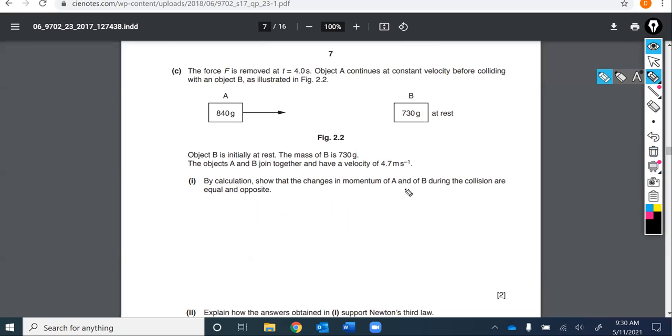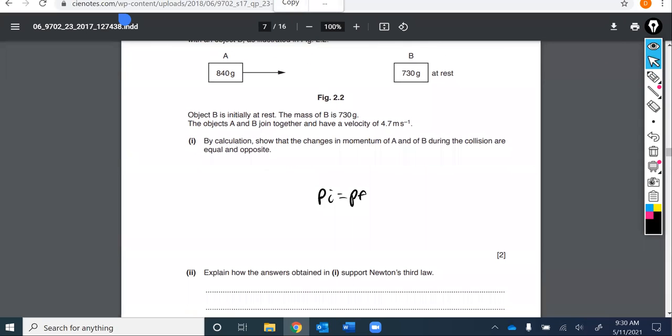The changes in momentum of A and B during the collision. Okay. So we kind of have this, the initial momentum equals the final momentum, okay? The next step to this is explain how the answers obtained in one support Newton's third law.